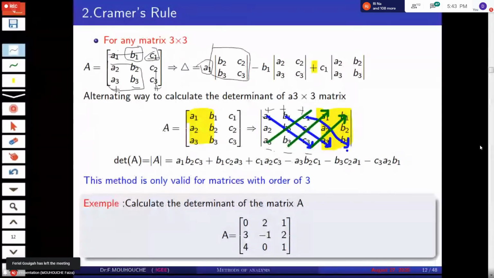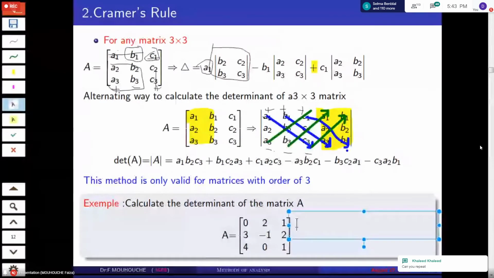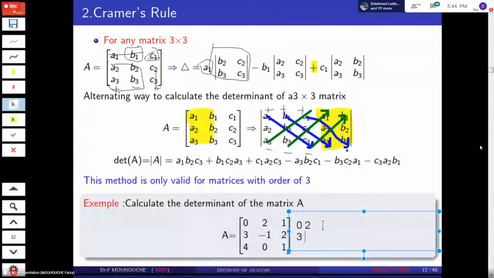Here we have the example. We follow the same steps as I said: the rows 0, 2, then 3, minus 1, and 4, 0.